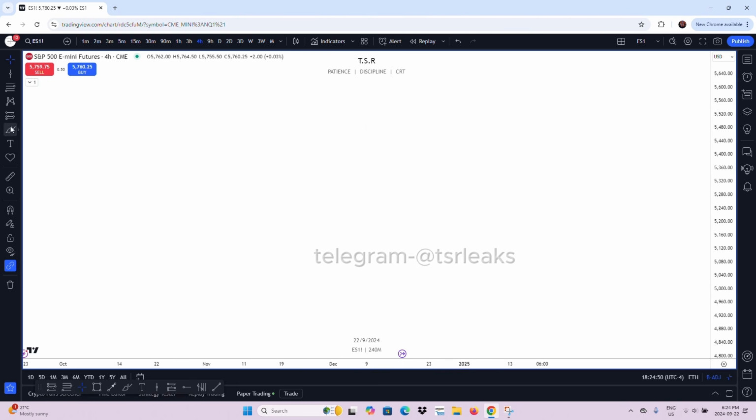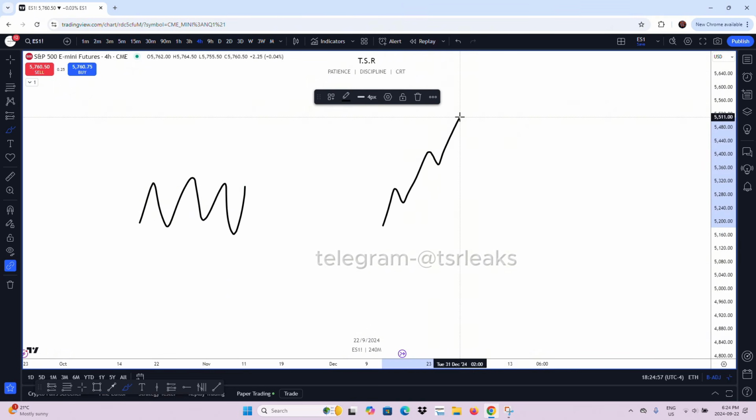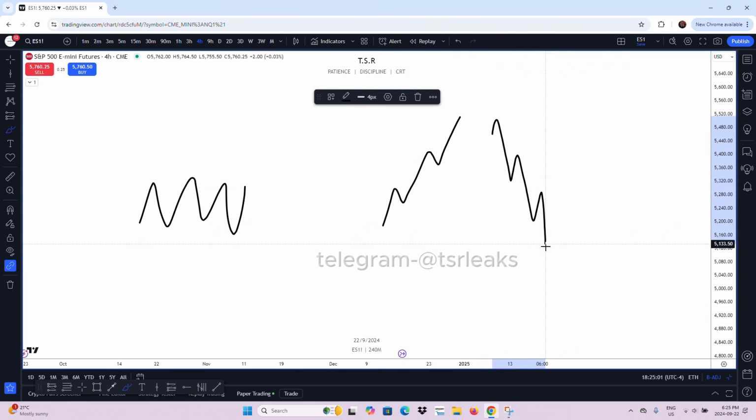So as you guys already know, the markets are either ranging or trending. And what is a trend? Very important. Trending markets mean that we are breaking above highs and rejecting lows. Breaking highs, rejecting lows.